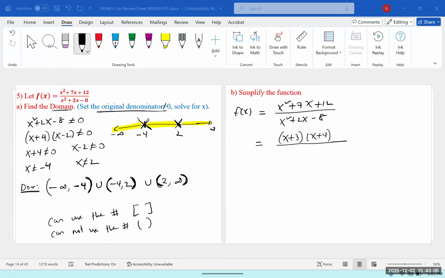On the numerator, we have x plus 3 and x plus 4 after factoring. On the denominator, we have x plus 4 and x minus 2 after factoring.